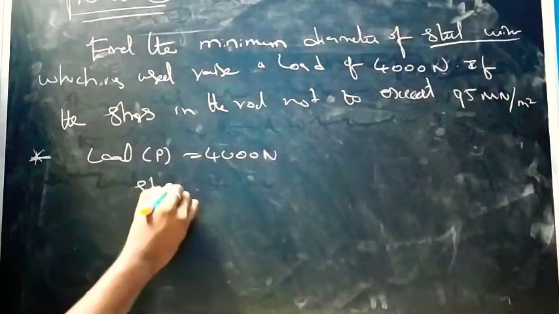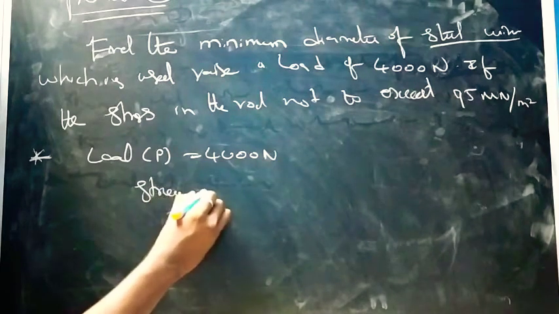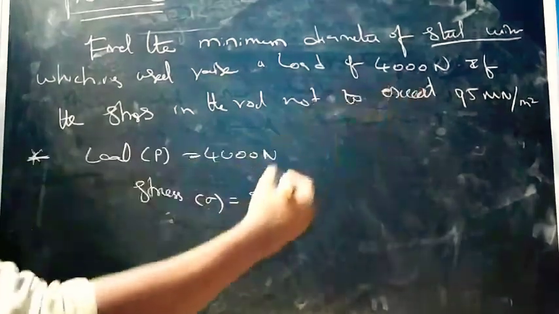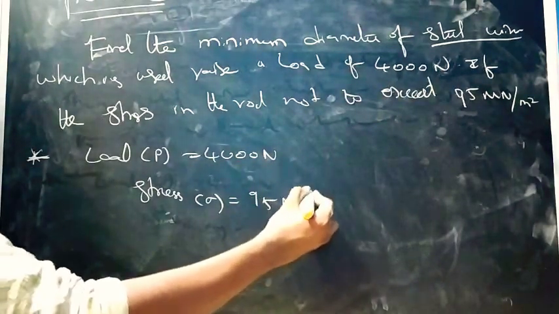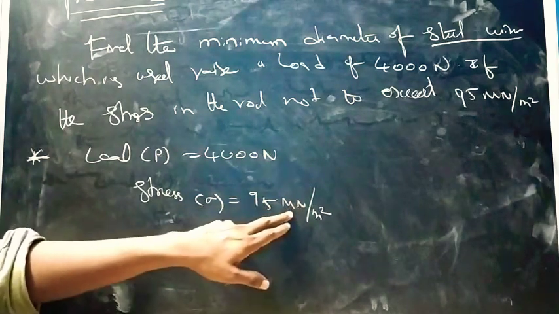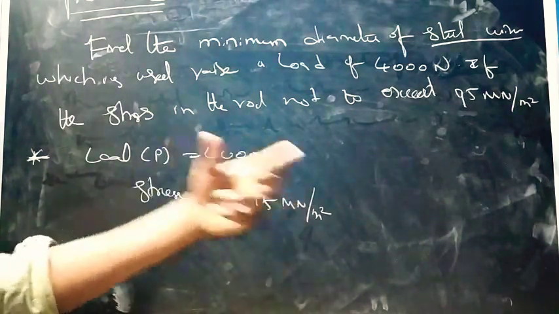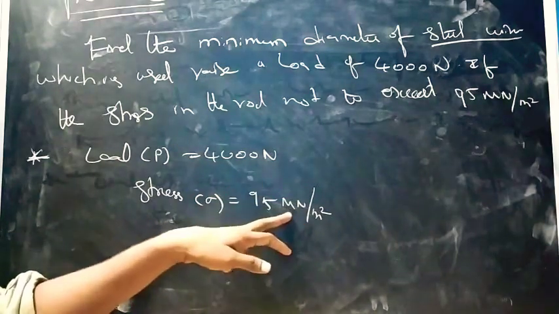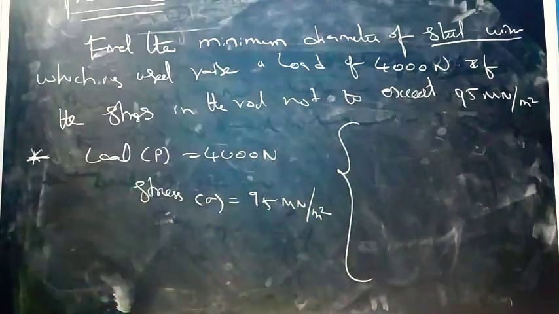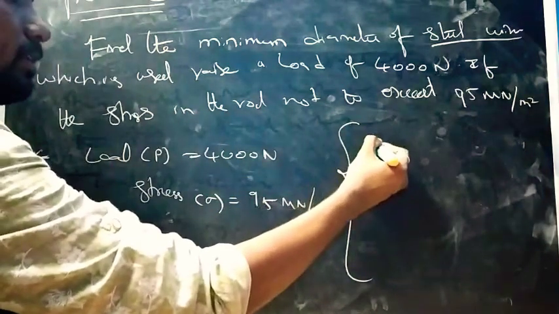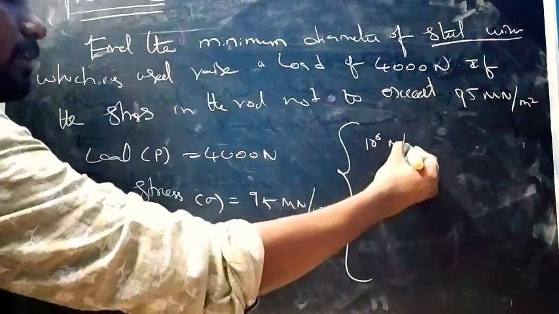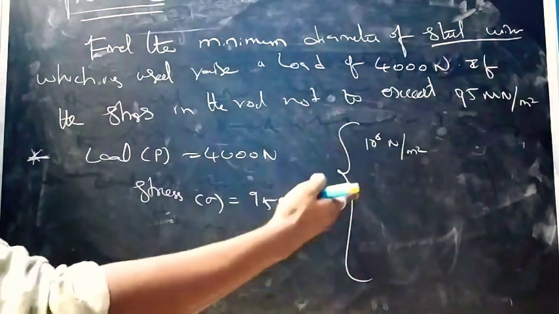That means stress sigma equals 95 meganewton per meter square. We already had a second lecture on how to use and convert the units. So mega is nothing but 10 to the power of 6 Newton per meter square. It's nothing but the megapascal.